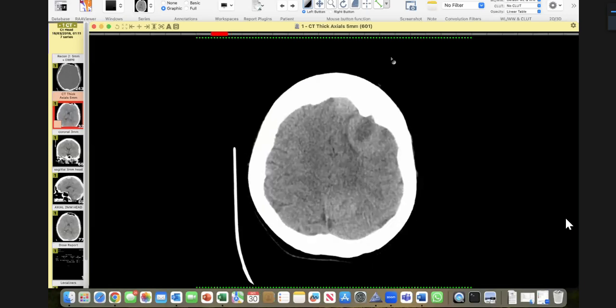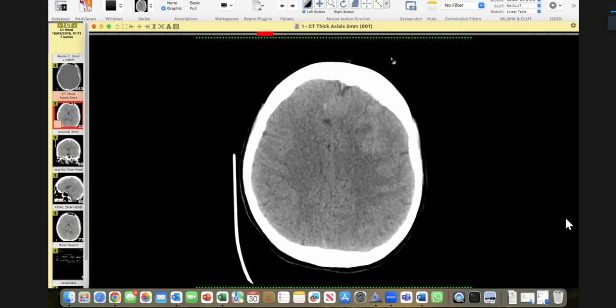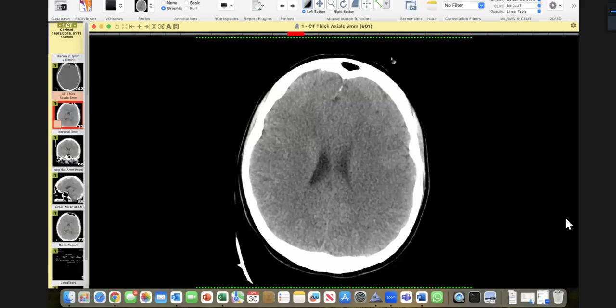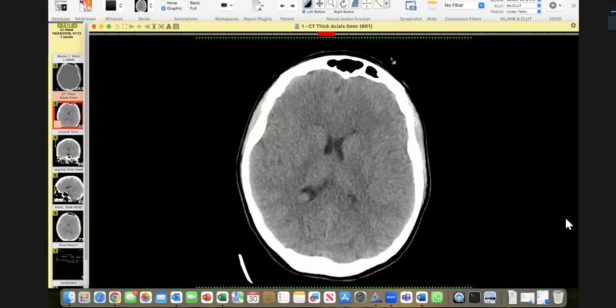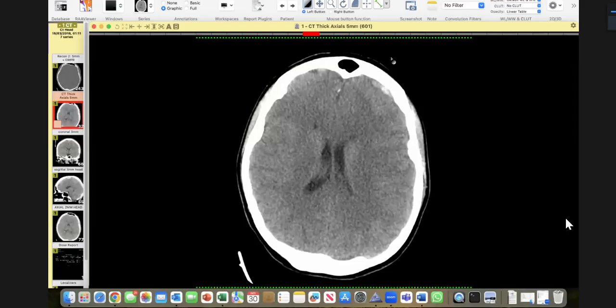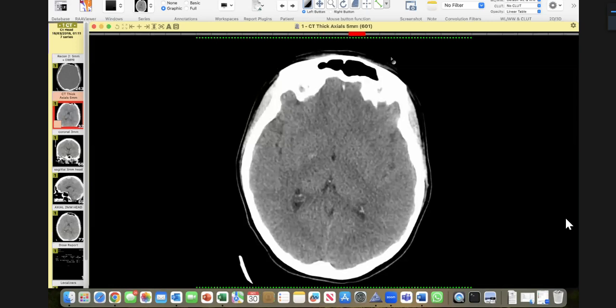There's subtle mass effect with pressure effects on the midline falx. These are multiple in number. I could appreciate another hyperdensity in extra-axial location, bilateral frontal regions, in dural location.